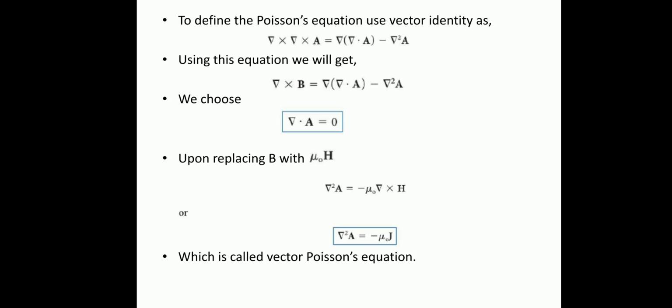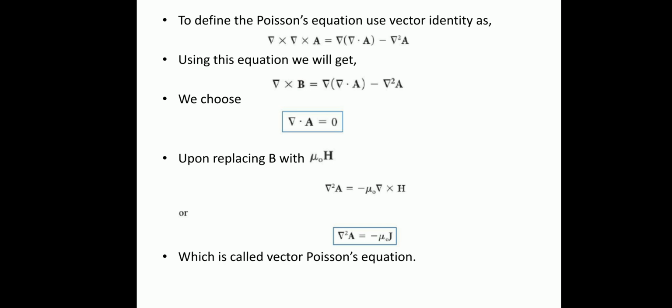So you get del cross B equal to minus del square A. Replacing B as mu 0 H, mu 0 is a constant, so we take it outside: mu 0 into del cross H is equal to minus del square A, so del square A equals minus mu 0 del cross H, where del cross H is equal to J due to Ampere's law. So you get del square A equal to minus mu 0 J.